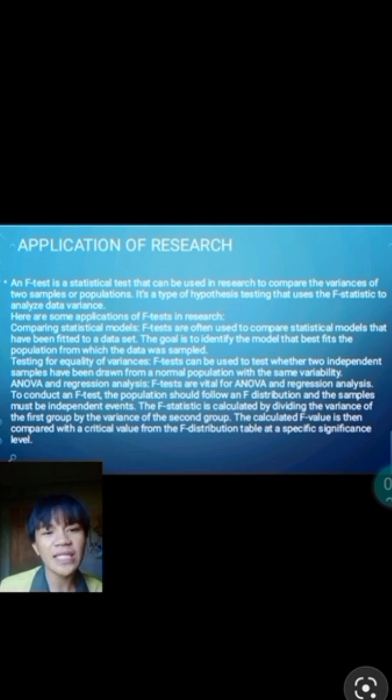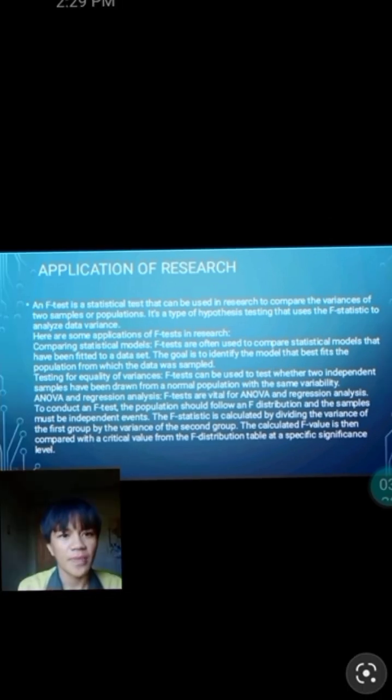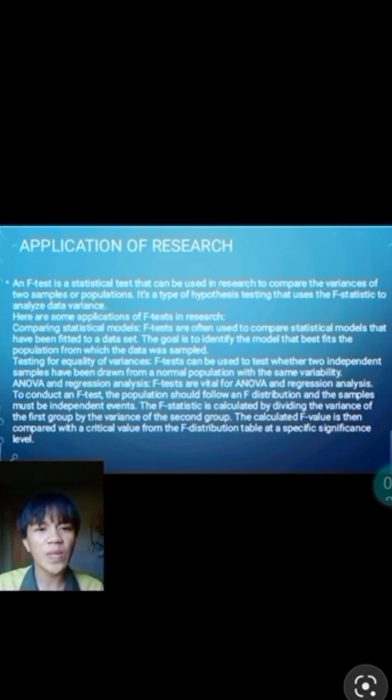Testing for equality of variances: F-tests can be used to test whether two independent samples have been drawn from a normal population with the same variability. ANOVA and regression analysis: F-tests are vital for ANOVA and regression analysis.